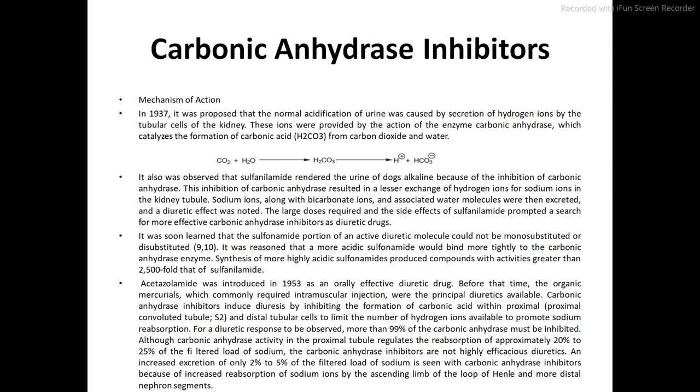Although carbonic anhydrase activity in the proximal tubule regulates the reabsorption of approximately 20% to 25% of the filtered load of sodium, the carbonic anhydrase inhibitors are not highly efficacious diuretics.